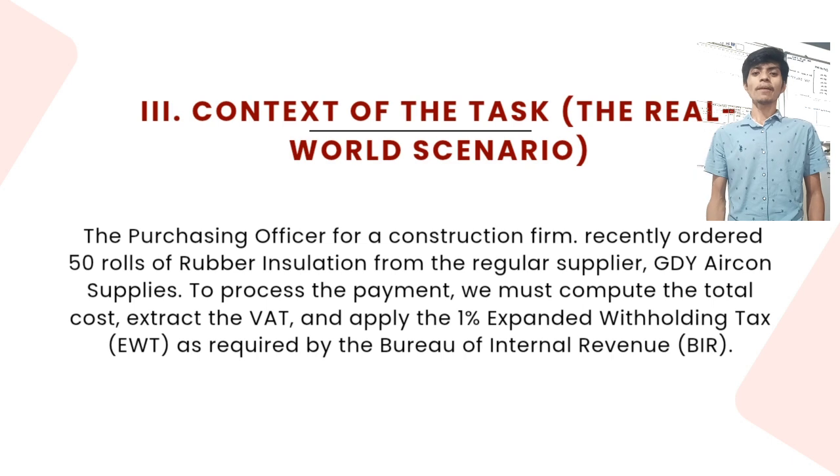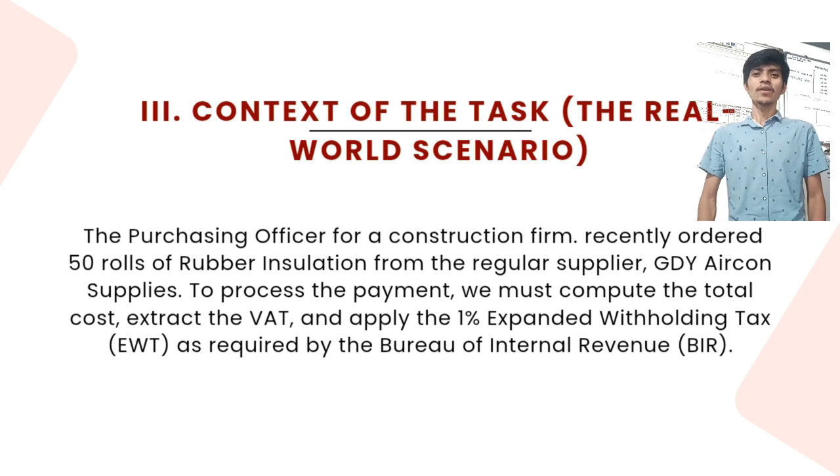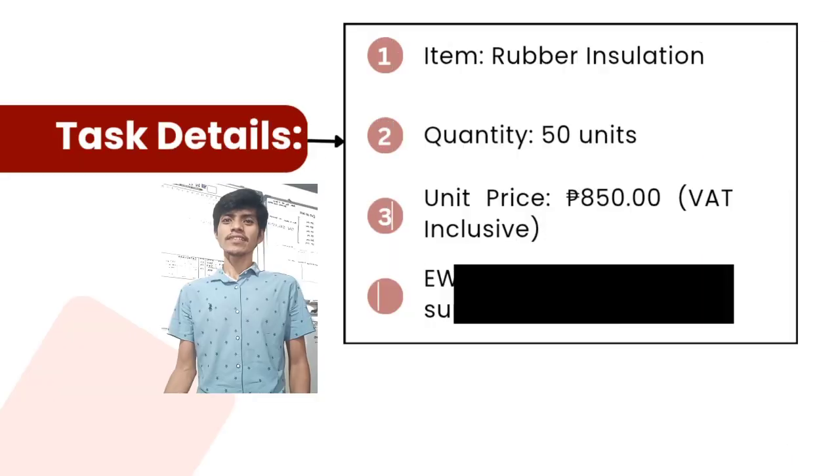To process the payment, we must compute the total cost, extract the VAT, and apply the 1% expanded withholding tax, which we call EWT, as required by the Bureau of Internal Revenue.